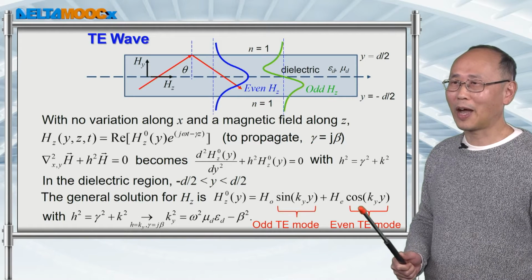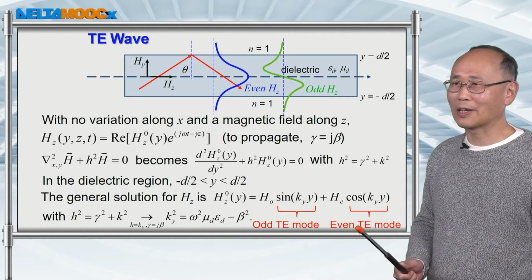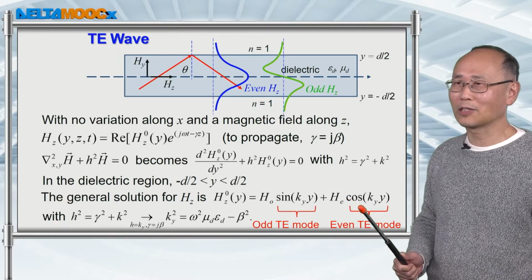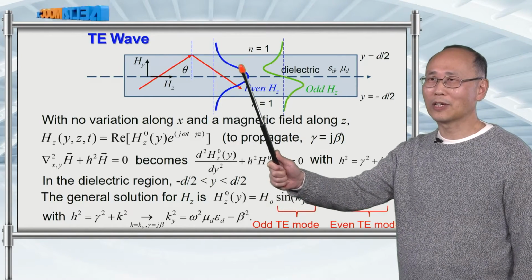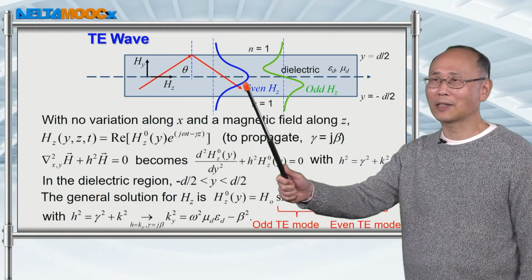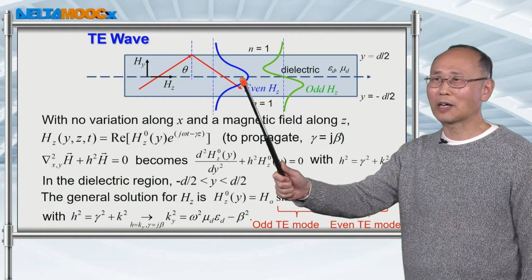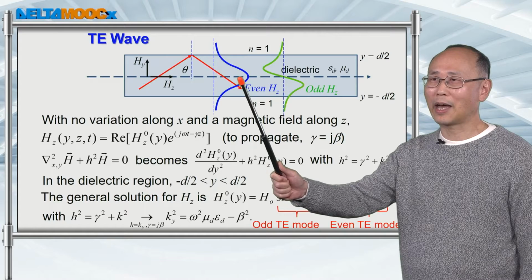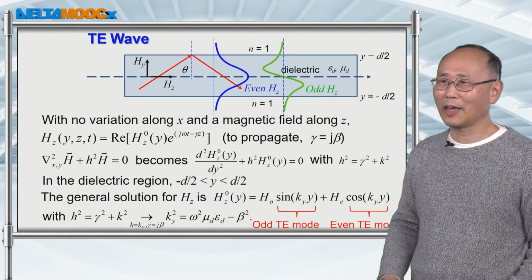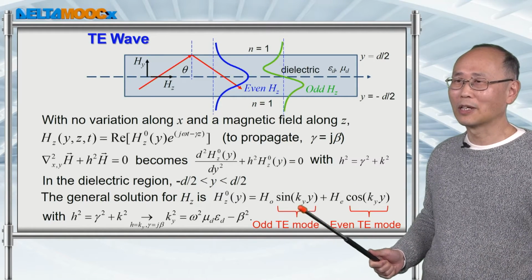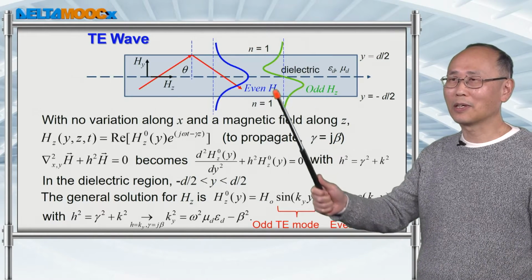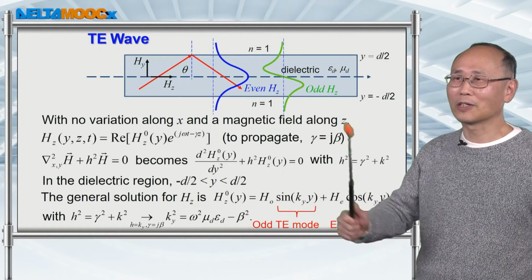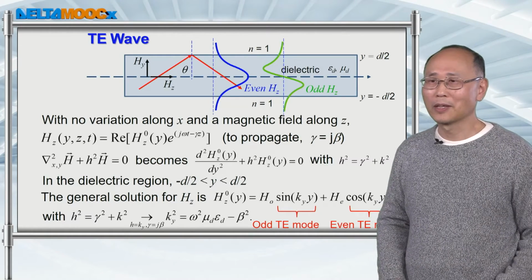For example, if I have this even T mode with a cosine solution, then the Z component of the magnetic field is going to have such a field pattern which is symmetric about this Z axis. On the other hand, if you have a sine-like solution for the magnetic field, then the field pattern is going to be asymmetric for this Z component magnetic field.